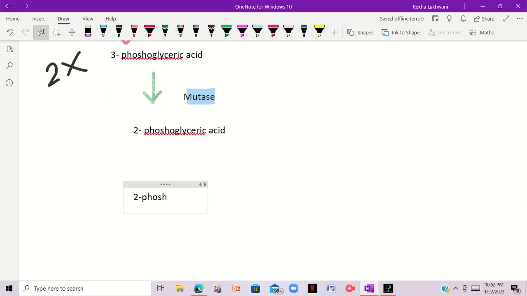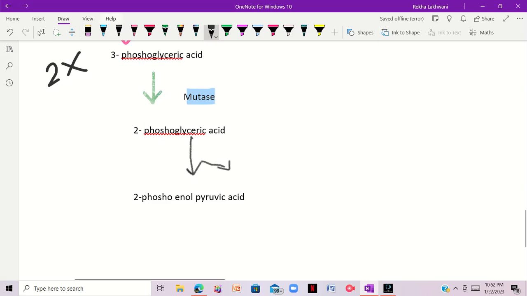2-phosphoenol pyruvic acid. This is converted into 2-phosphoenol pyruvic acid by the release of water through this.